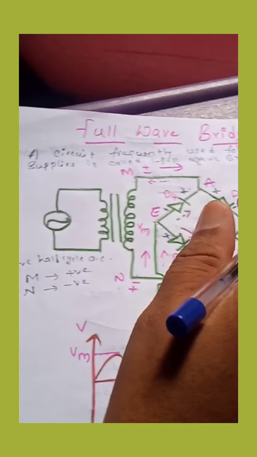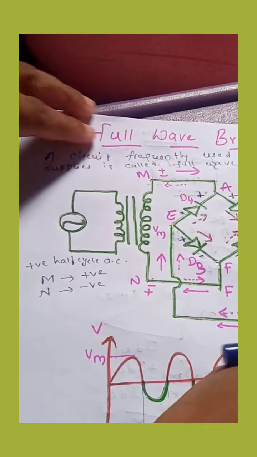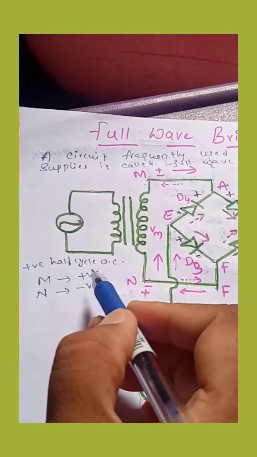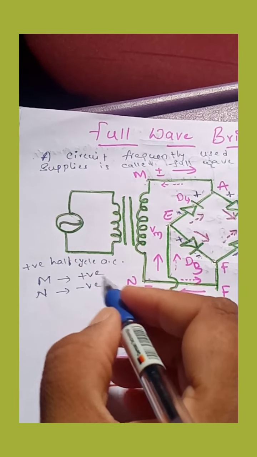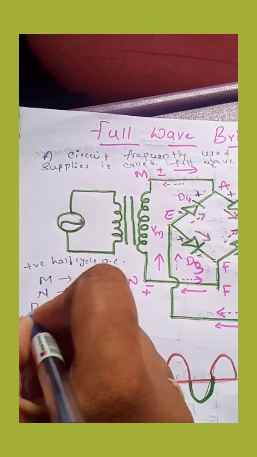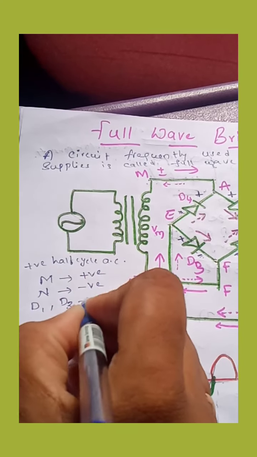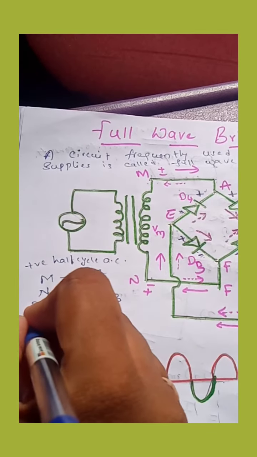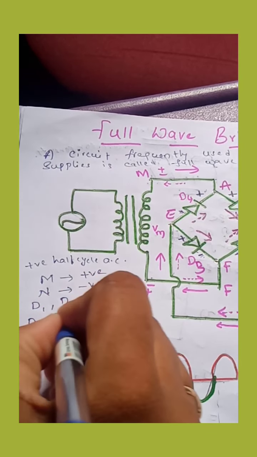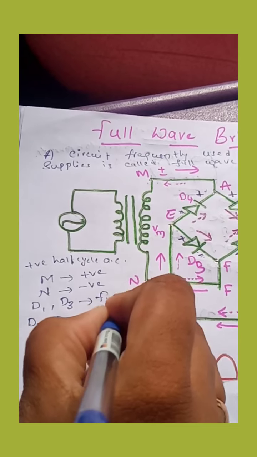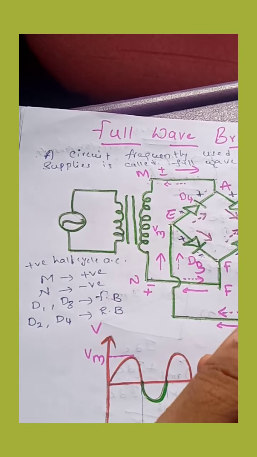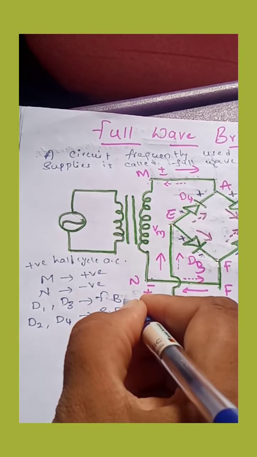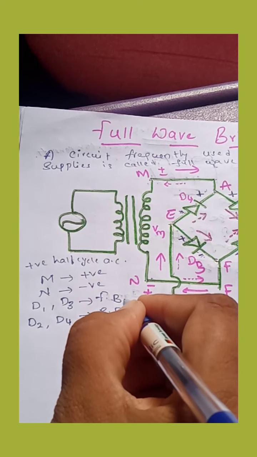So what is happening? For positive half cycles, M became positive, N became negative. So D1, D3 diodes are forward biased, and D2, D4 diodes are reverse biased. So current conduction is due to D1 and D3.